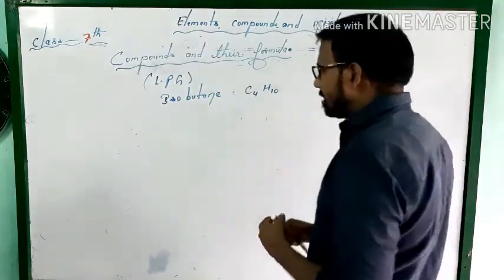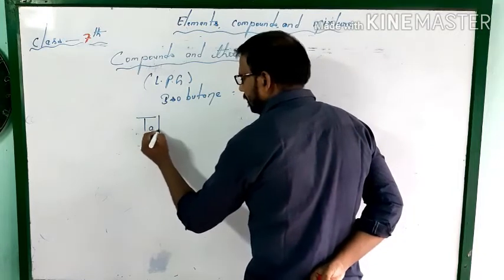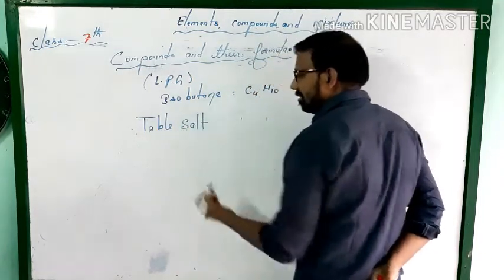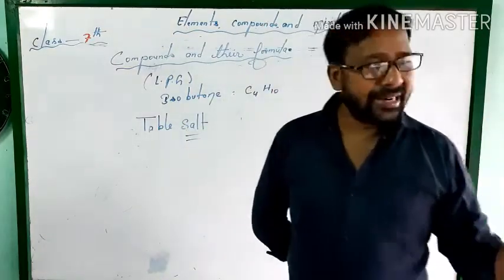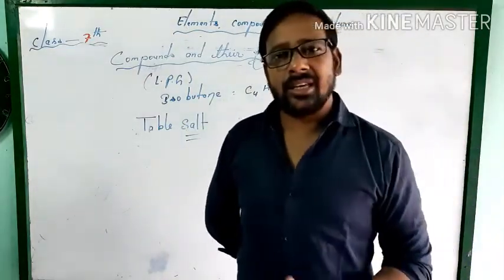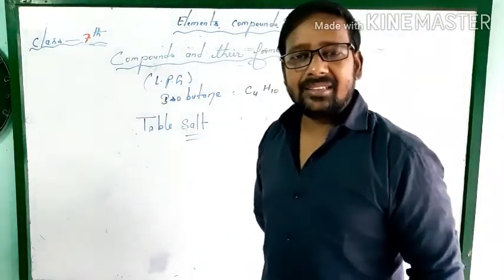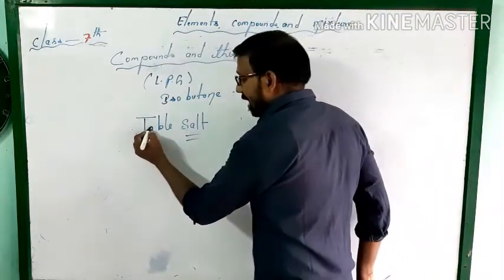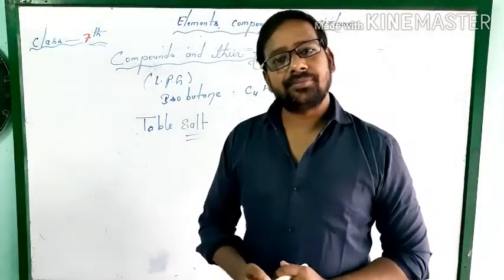Now, the next formula is that of table salt. Why am I writing table salt? Because there are lots of salts which are used in medicine, in the chemical laboratory, in dye. But when we talk about table salt, it means the one used in our food.